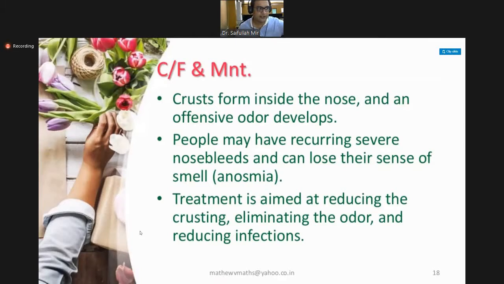That 25% glucose is a very hypertonic solution, so it sucks out all the water. That tends to limit the bacteria from growing, eliminating the odor, and that again is helped by nasal irrigation, and reducing the infections with antibiotics.